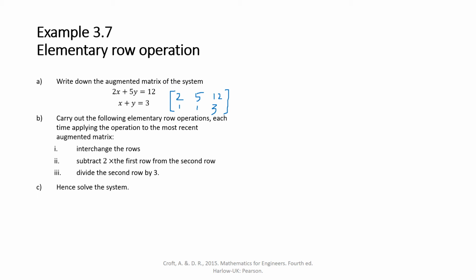Come to part B. Part B says to interchange the rows. So 1, 1, 3, 2, 5 and 12. So we did a row operation, and what we did here, we interchanged row 1 with row 2.